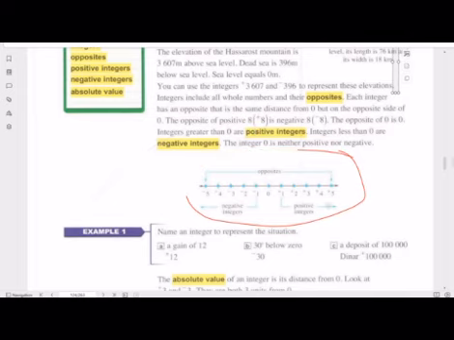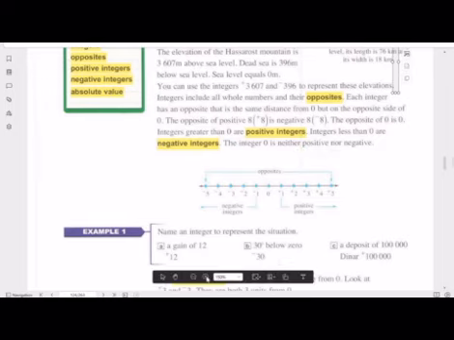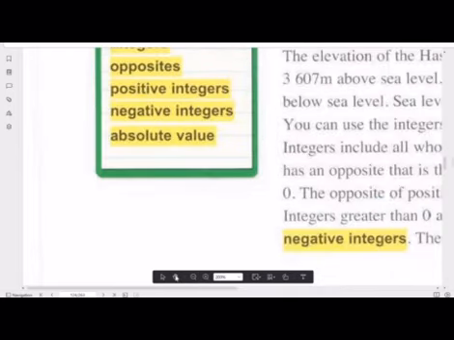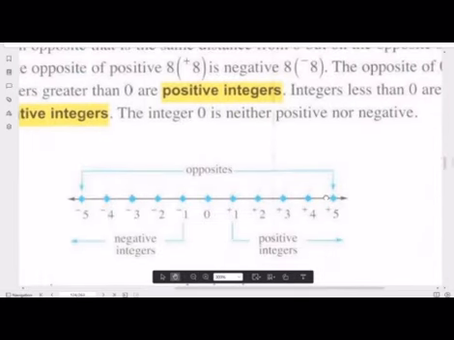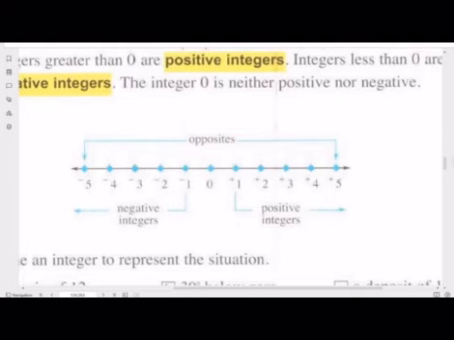So we have the opposite number. Each number in the positive integers has a negative integer. Look at this number line. For example, what is the opposite of positive 5? For each number, there is an opposite. The opposite of positive 5 is -5. And positive 3, what is the opposite?